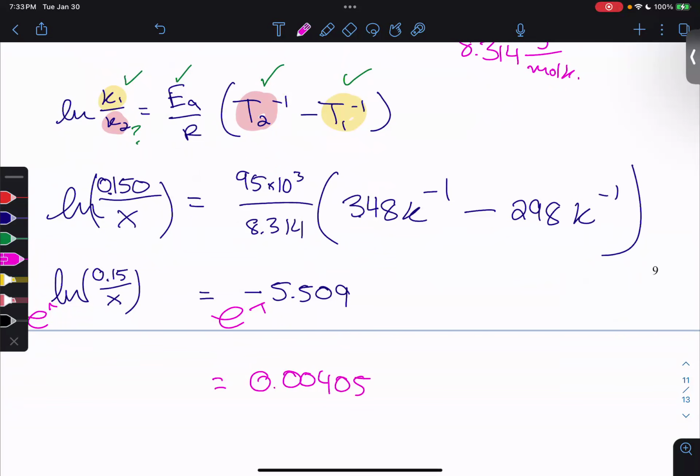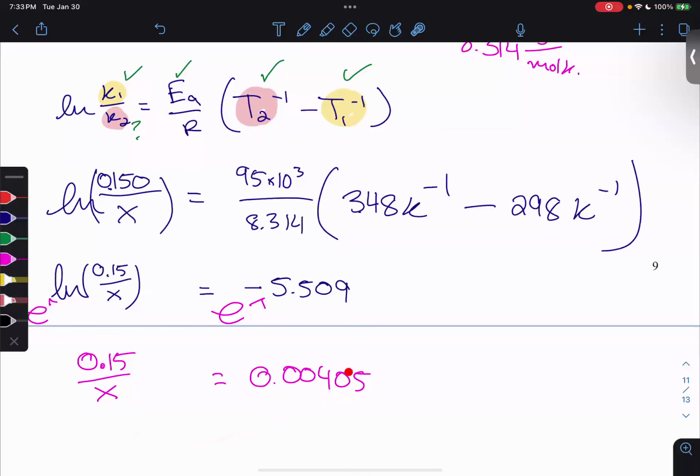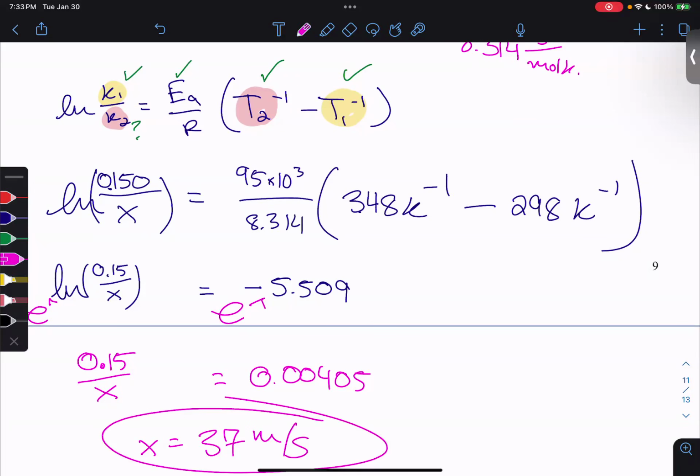And so that undoes the natural log. So now you have 0.15 over X. And so you can put the X on one side, divide 0.15 by this tiny number, and you get that X is equal to 37 molarity per second. All right, and so that X is k2, or the rate constant at the higher temperature one.